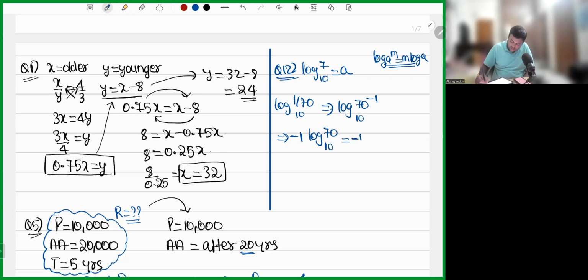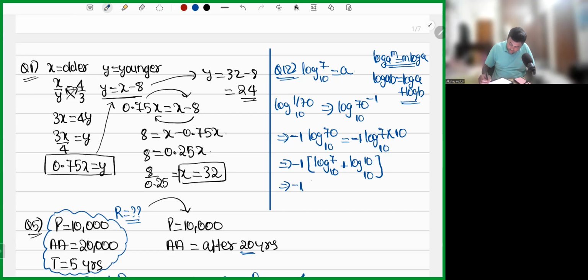Now, minus 1 log 70. Can I write it as log 7 into 10 base 10? Obviously, sir. I hope you remember log AB will be log A plus log B. Simple. I hope it's fine, my cute little people. Minus 1 into, what is log 7 into 10? Log 7 base 10 plus log 10 base 10.